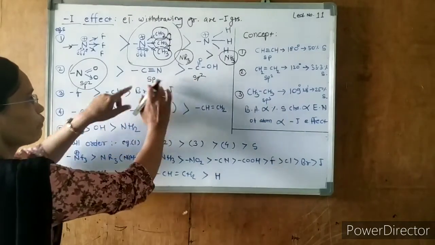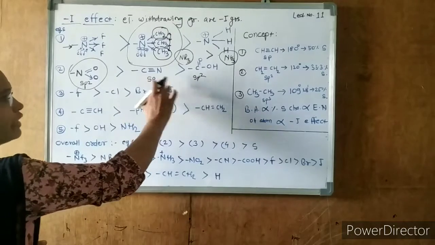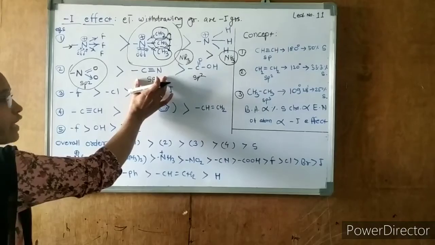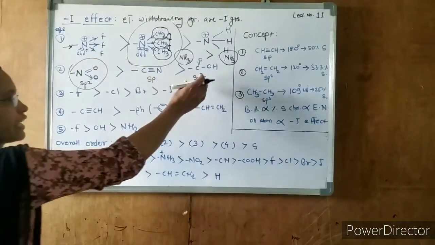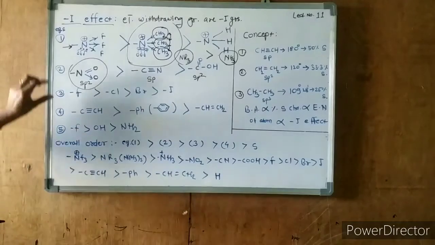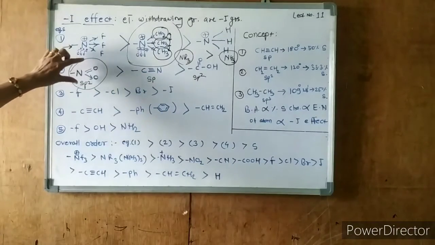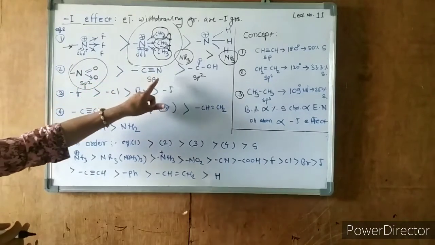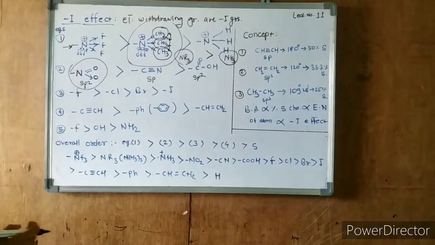And as we compare the CN and COOH, it is an sp hybridized carbon and it is an sp2 hybridized carbon, right? So sp will show more minus I effect than sp2. But this is an exception, and you have to remember it in this second example. NO2 group shows minus I effect more than that of the CN, which will show more than that of the COOH group, right?